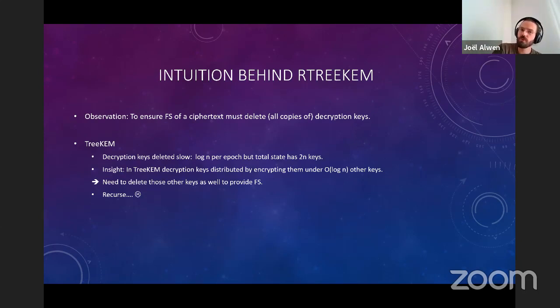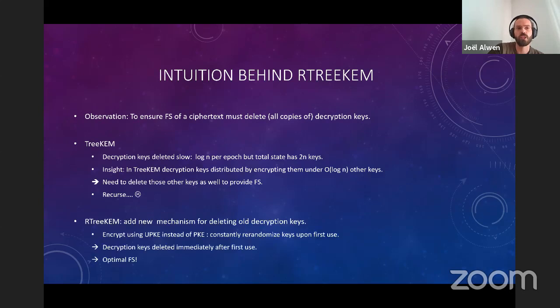So if you want forward secrecy for that ciphertext, it's not enough to delete those decryption keys. You have to also delete those log n other decryption keys. And in fact, this is recursive. Those log n keys are themselves again encrypted under log n other keys, each one of them, and so on and so forth. So that's where the problem arises for TreeKEM.